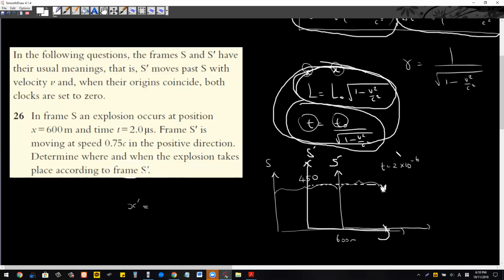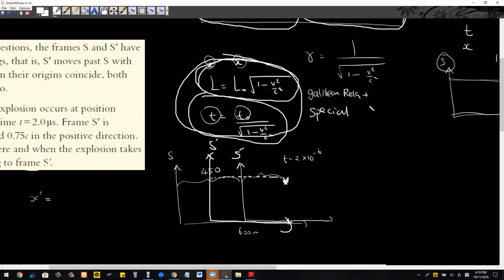So just ignore special relativity, length contraction, things like that. That's special relativity. But if you just combine Galilean relativity plus the fact that the speed of light is finite, then you can understand.